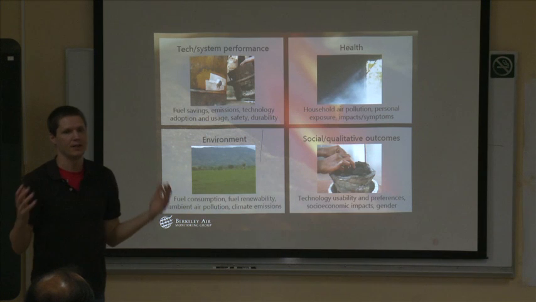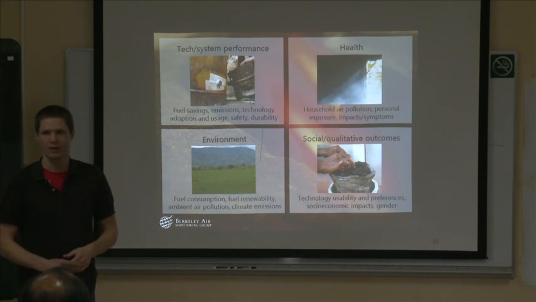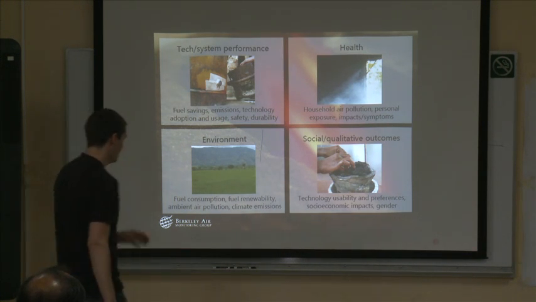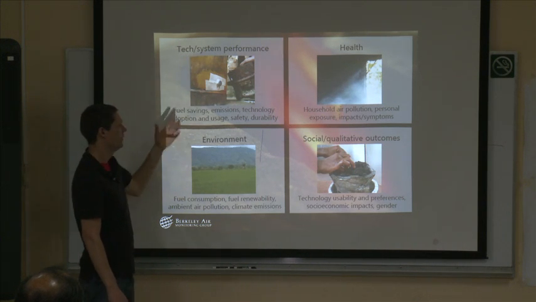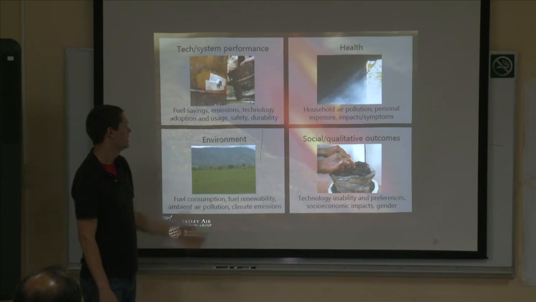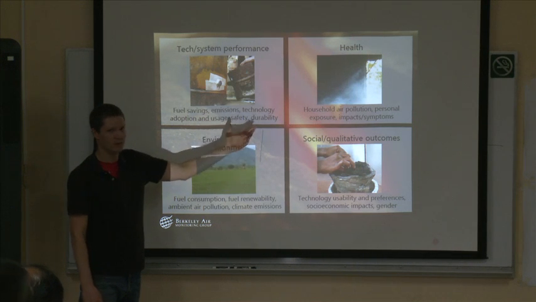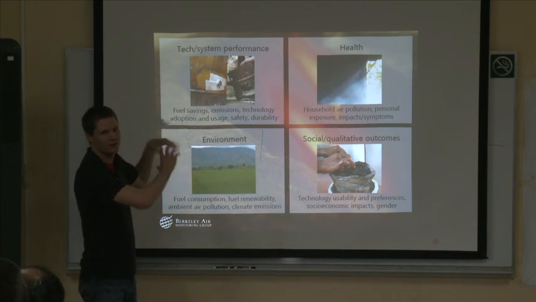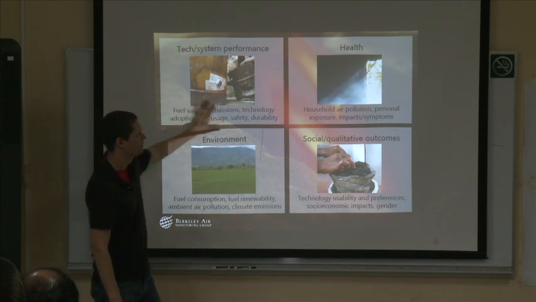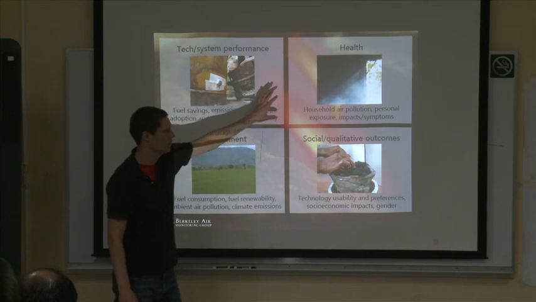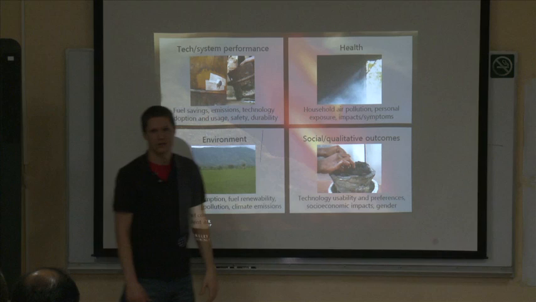And then just breaking down the different categories of things we usually ask questions about. So you might be specifically interested in the technology or the system performance: fuel savings, emissions, technology adoption and usage, safety and durability. These aren't exclusive, but it's helpful sometimes to categorize them at a high level. Health: household air pollution, personal exposure, impacts or symptoms.